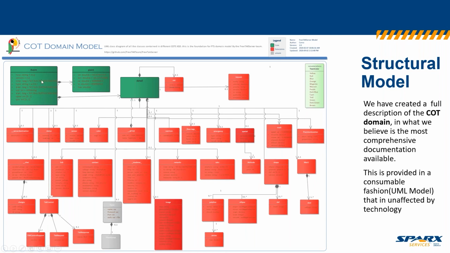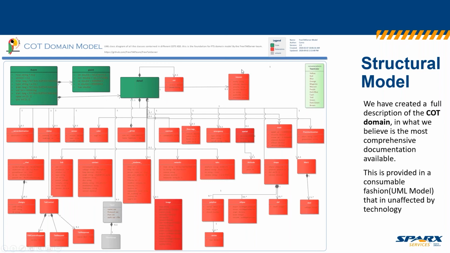As you can see here, what's in green are the core components of any COT message, being event, point, and detail, followed by extensions, which are in red, and unsure. These, we believe, are present within the overall COT schema. However, we're not certain. We've seen references to them in the documentation, but never completely in COT form.